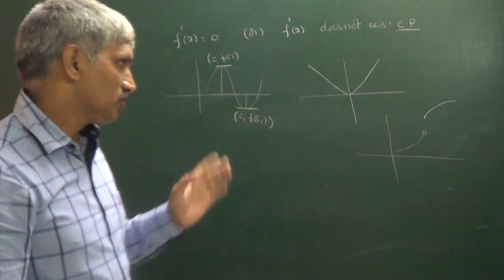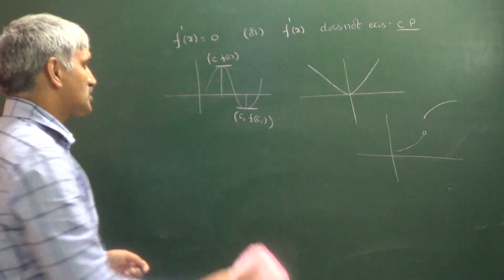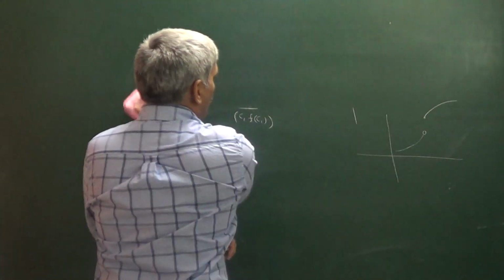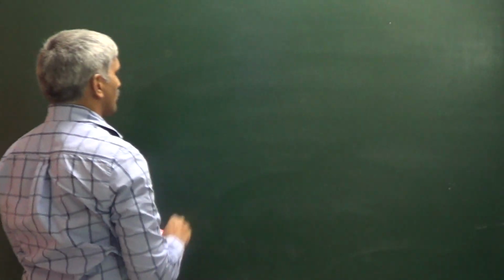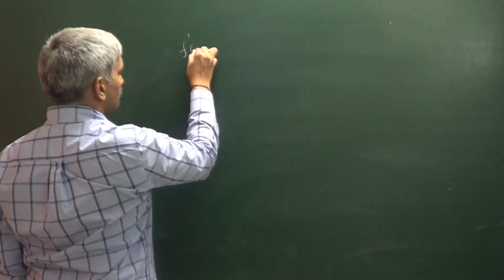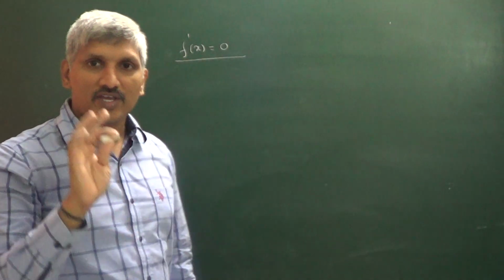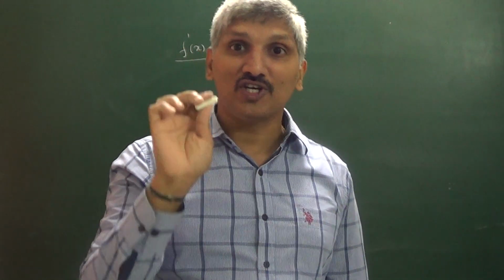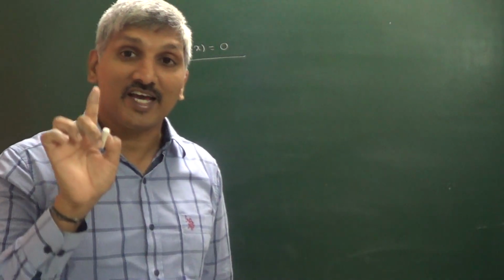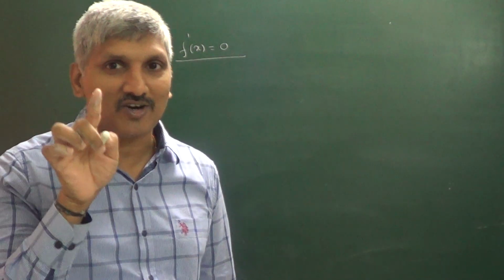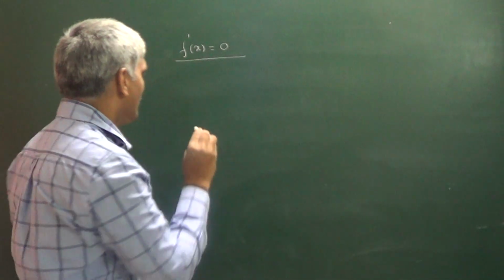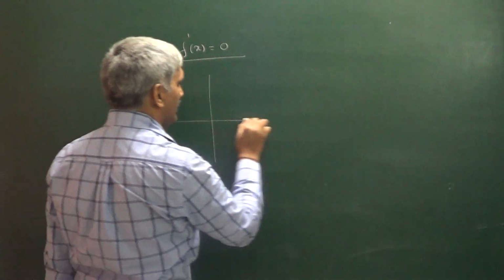Next we are going to discuss what a stationary point is. A stationary point is where the differentiation becomes 0, where f dash of x is equal to 0. That point is called a stationary point, or we can call it a turning point.